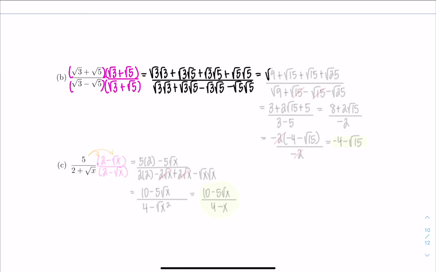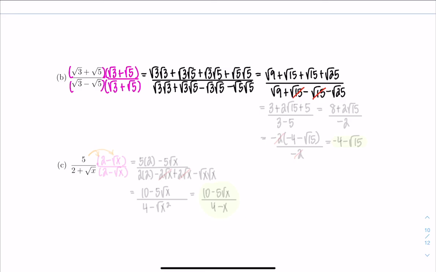And so on top we end up getting the square root of 9 plus the square root of 15 plus the square root of 15 plus the square root of 25. And on the bottom we end up getting the square root of 9 plus the square root of 15 minus the square root of 15 minus the square root of 25. On the bottom, those two middle terms are going to cancel.